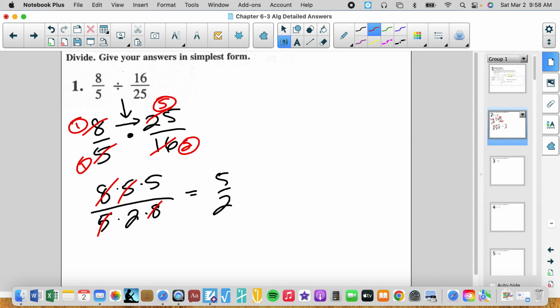What we definitely are not doing, we will not multiply across. We will not do 8 times 25, which is 200. And we will not multiply 5 times 16, which is 80. That is a big no. We're not going to build it up just to break this down.